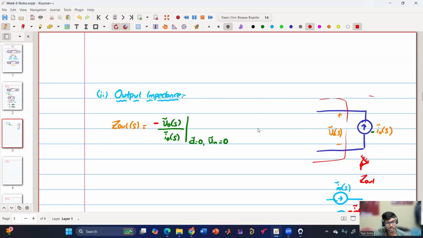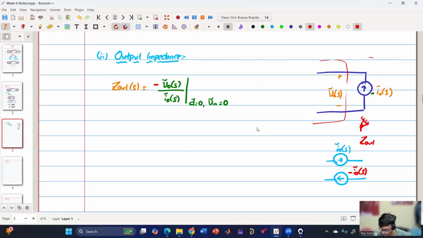Yes, clear, sir. Also, maybe I'll consider one simple circuit. Say this is a resistance R and this is current, say I naught, and this is plus minus V naught.